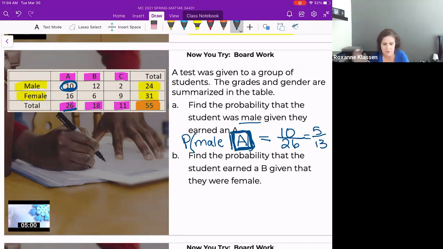You can just give me the fraction, the decimal, or the percent. I don't care. And you just have to read very carefully, right? Okay, is everybody ready? 3, 2, 1, go.